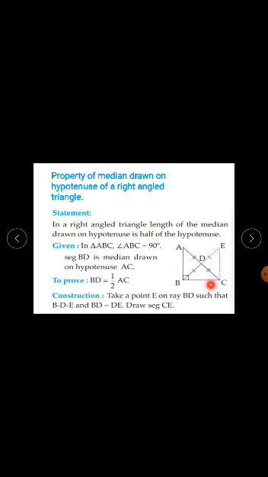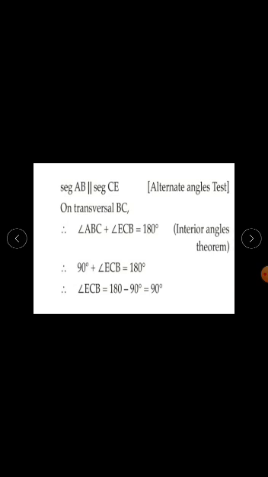Angle ABC is congruent to angle ECB, reason is each measures 90 degrees. And seg BC is congruent to seg CB, common side. So these two triangles are congruent by SAS test.